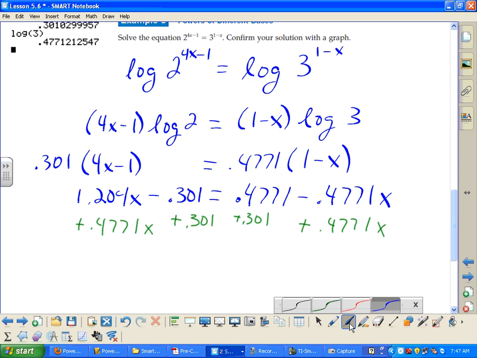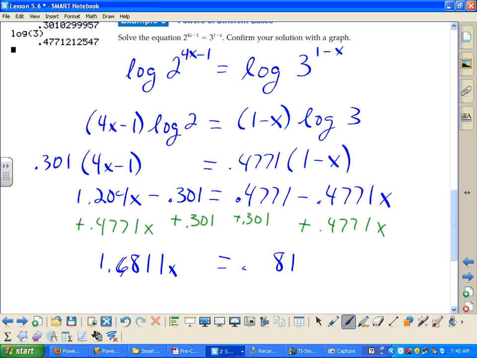So we get over here, we get 1.6811x, and that equals, let's see, we get 0.7781. And then we'll go ahead and divide by 1.6811.